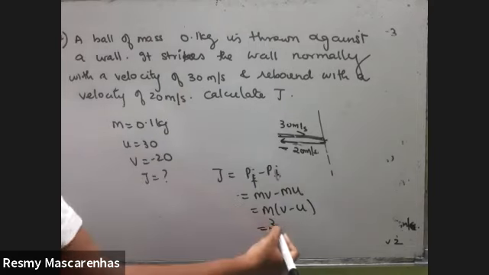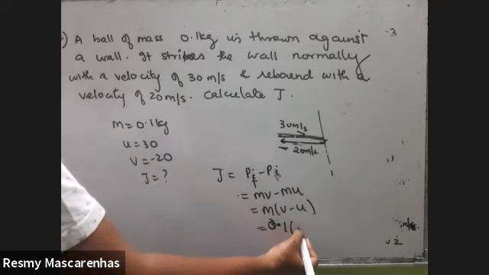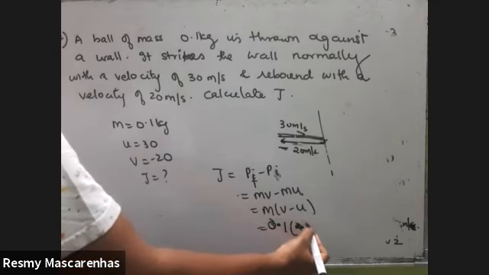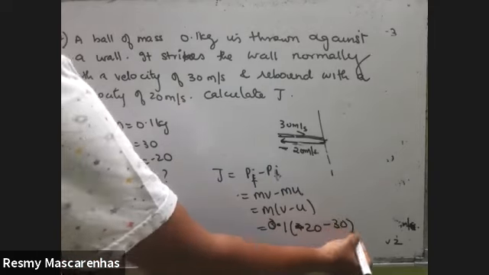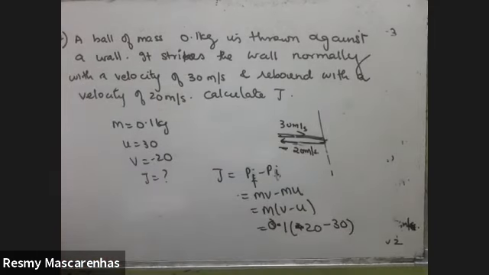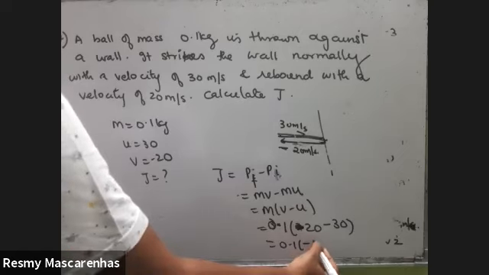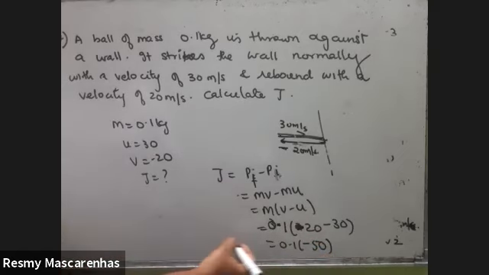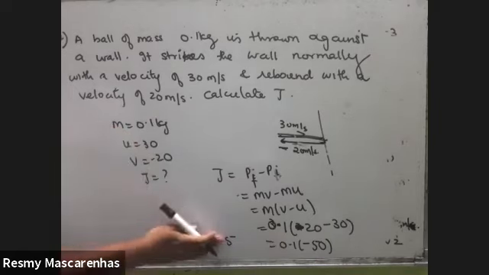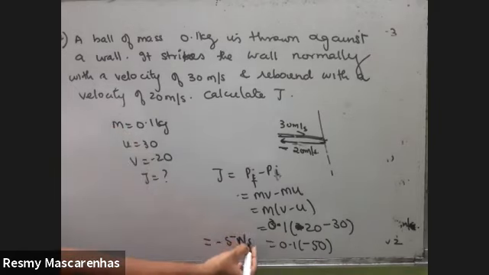M is how much? 0.1, times V is minus 20, minus 30. That gives minus 5 newton second.